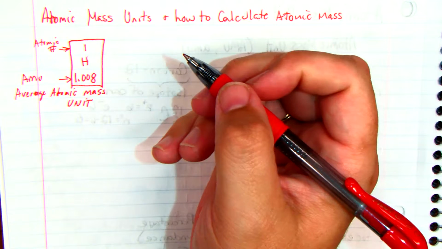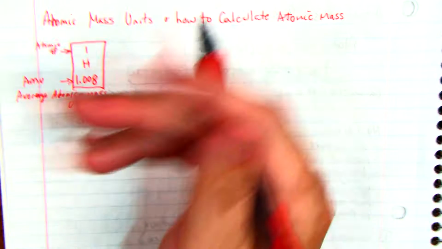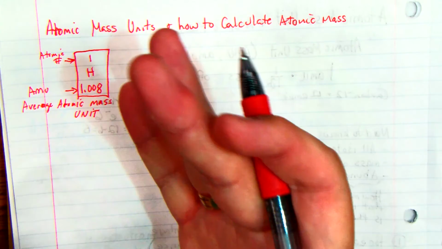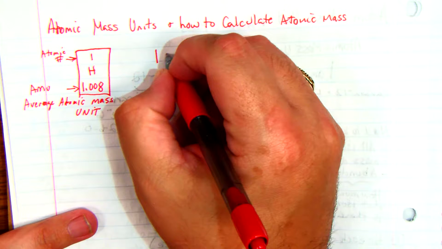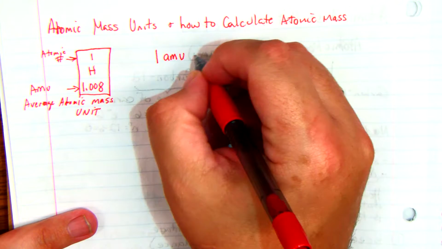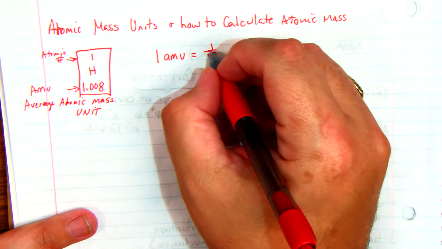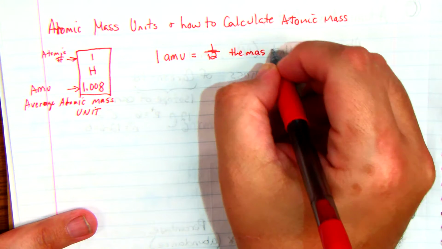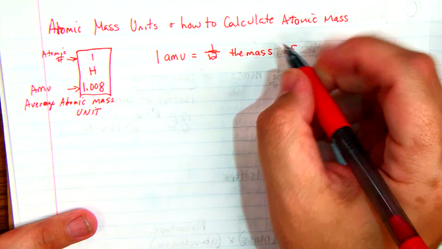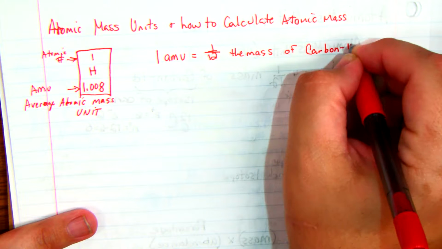And the atomic mass unit is a unit that is derived from something else. Now, 1 AMU is equal to 1/12 the mass, and I know we talked about this yesterday, of carbon 12.